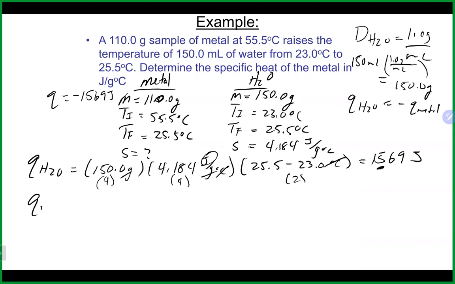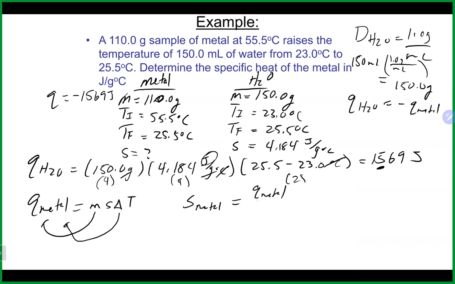So our Q of the metal will equal M S delta T. Once again, dividing these to the other side gives us the specific heat of the metal equals Q over M and delta T. Our Q here, again, is negative 1569 joules divided by the mass of the metal, 110, and again, final minus initial.